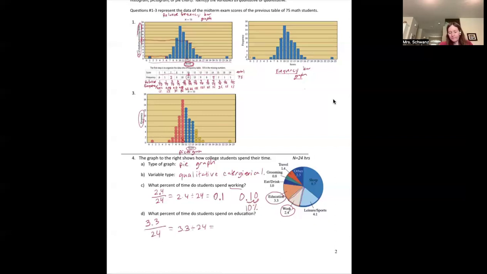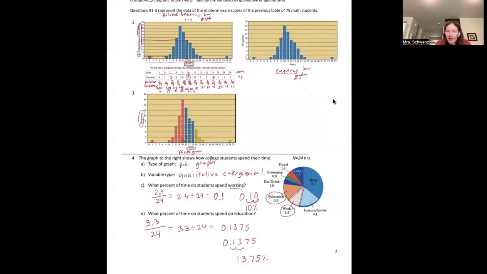I get the decimal 0.1375. Then if I move the decimal twice to the right, that gives me 13.75%. So 13.75% of their time is spent on education. And there we go.